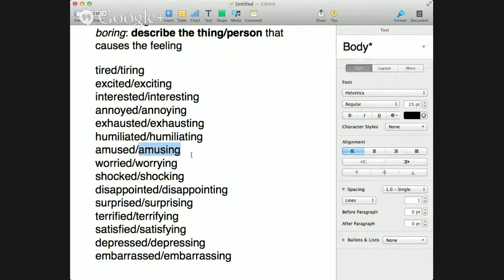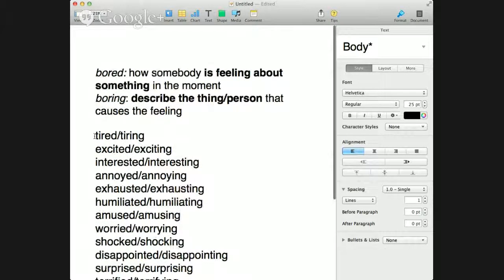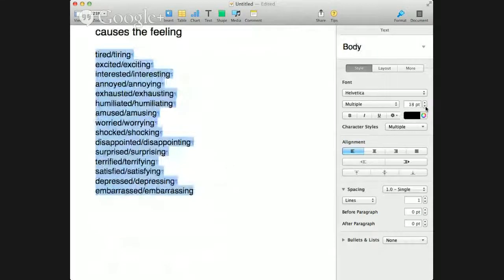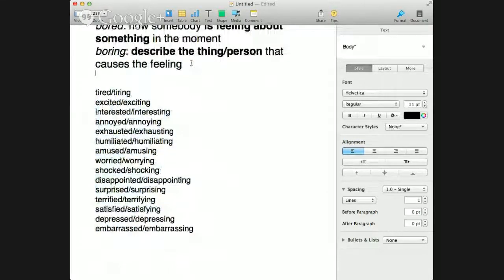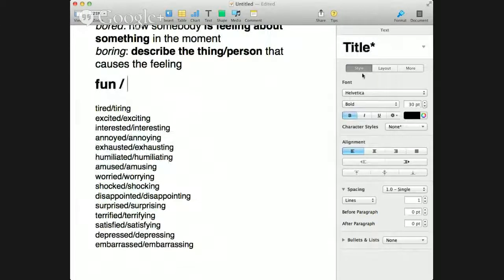Perfect usage. Okay, let's talk about the words fun and funny for a moment. I'll make these smaller, but I'll leave them there so that you can keep your eye on them if you're still writing. Can anyone have a guess or try an explanation at the difference between fun and funny? Funny is an adjective and fun is a noun.